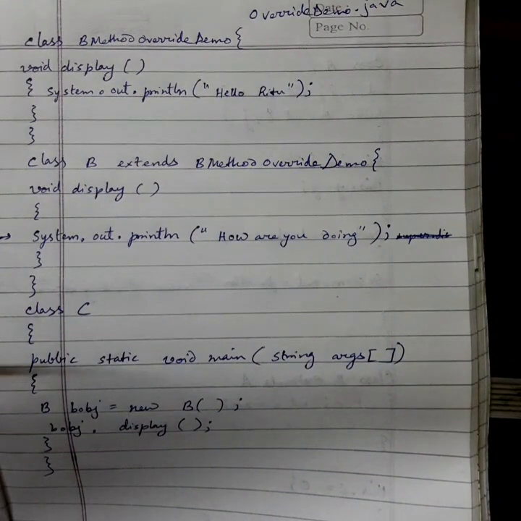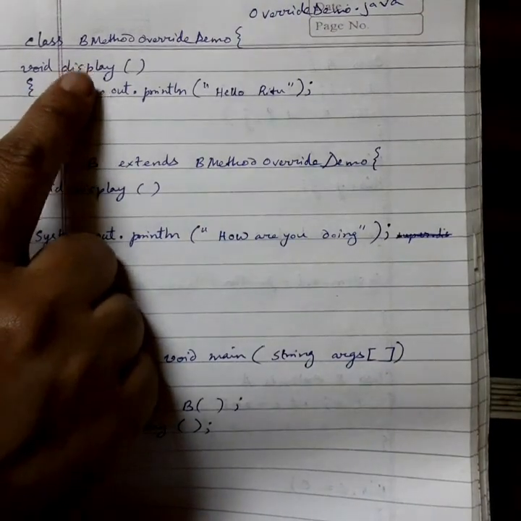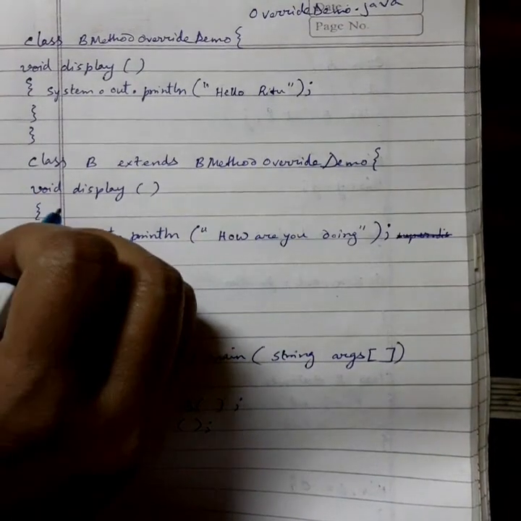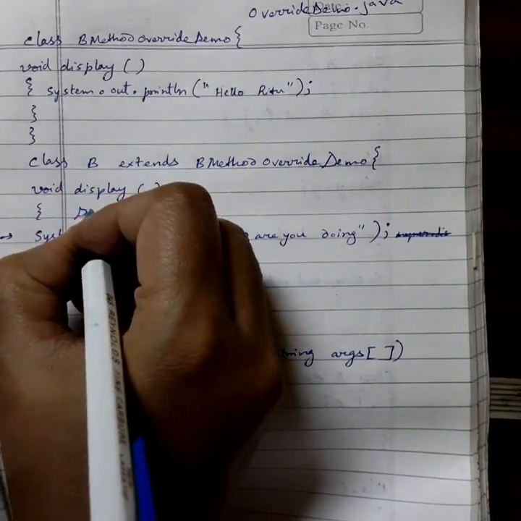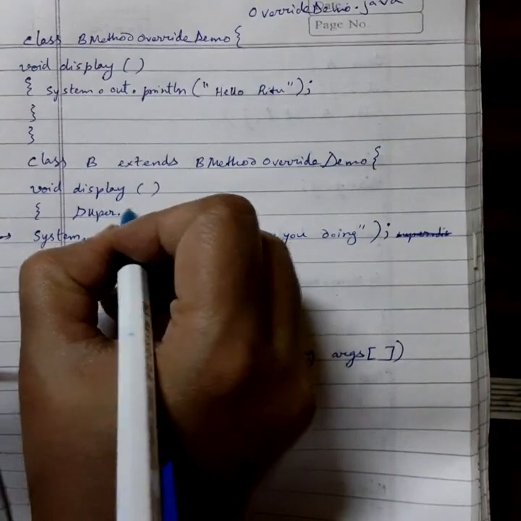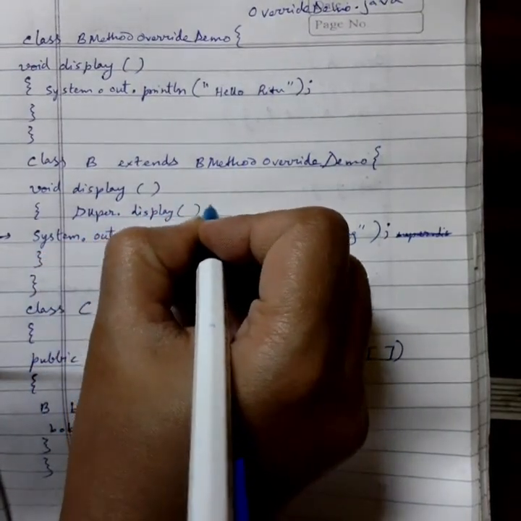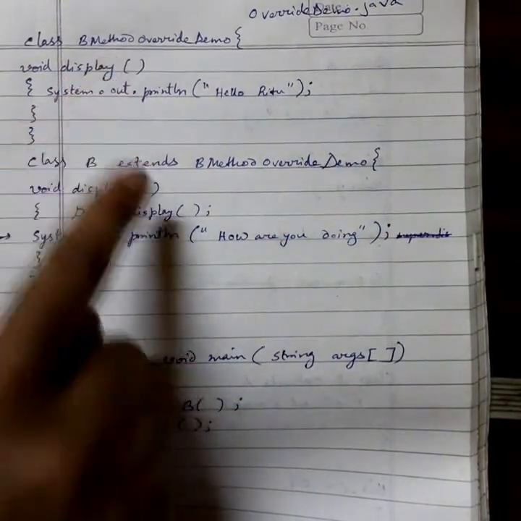But we can use the super keyword to invoke the method of the base class, the parent class. Here we write super.display, and this method gets called.